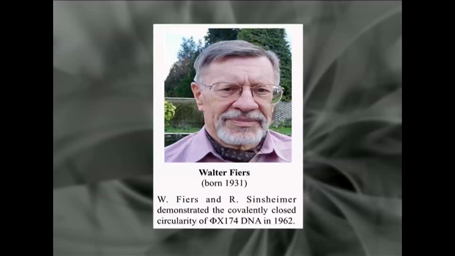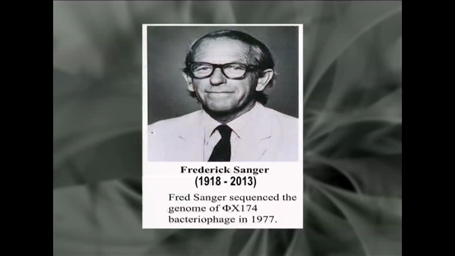Walter Fiers and Robert Sinsheimer first demonstrated in 1962 the covalently closed circular nature of the ΦX174 genome, and Frederick Sanger and his team first sequenced the ΦX174 genome in 1977, the first DNA-based genome to be sequenced.